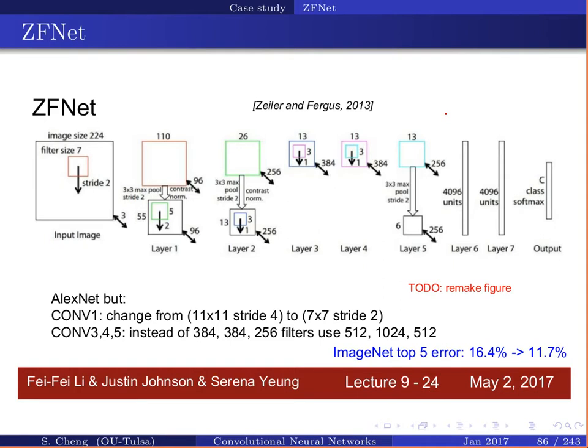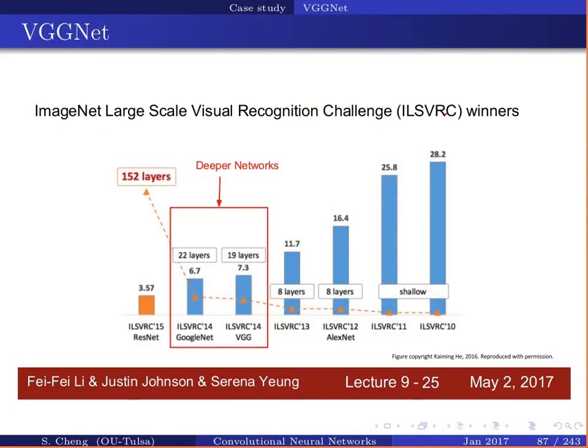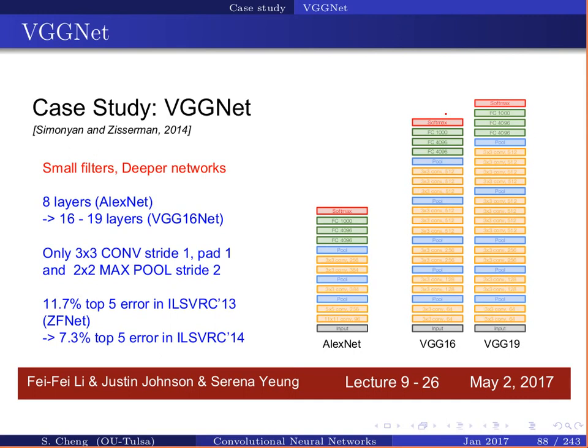The only difference is they tweaked some of the parameters here and there, and managed to reduce the error rate from 18% to 11%. We also went through VGGNet, also briefly. For VGGNet, the authors tried different configurations, and eventually found this configuration is the best.